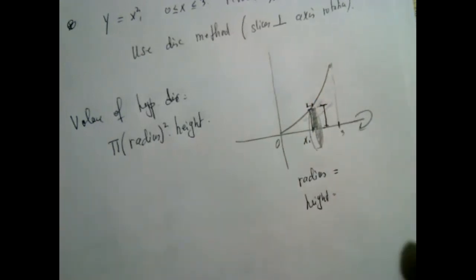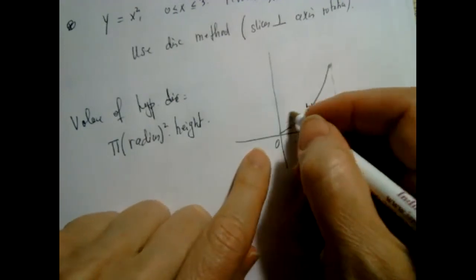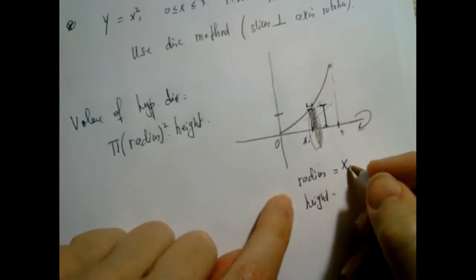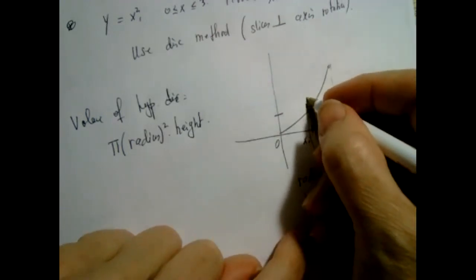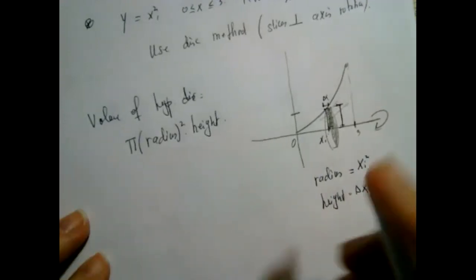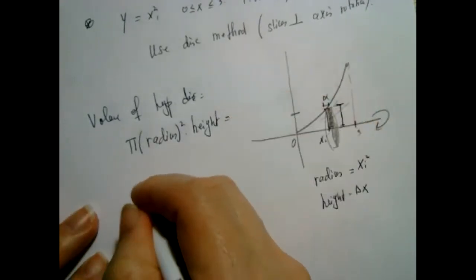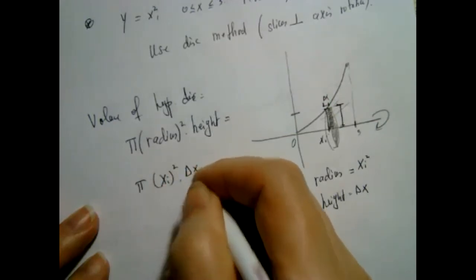The radius is nothing more than the value of the function, so it's xi squared. The height is the little bit, the delta x in this scenario. So the volume will become pi times xi squared times the delta x.